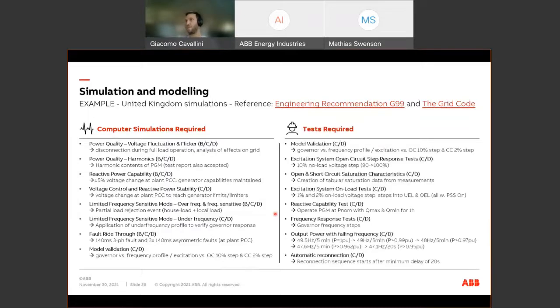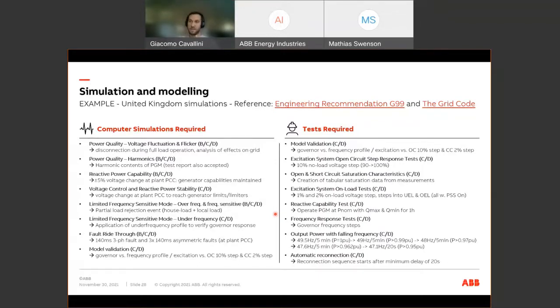Typically there are also some tests required, as I said before, and the tests go mostly in the direction of doing, for example, voltage step changes of the excitation system, comparing those step responses I mentioned before for the model validation, checking the open and short circuit saturation characteristic of the synchronous machine, excitation system on-load tests, for example 1 or 2% step responses of the voltage, and verifying the frequency response, for example, of the governor.